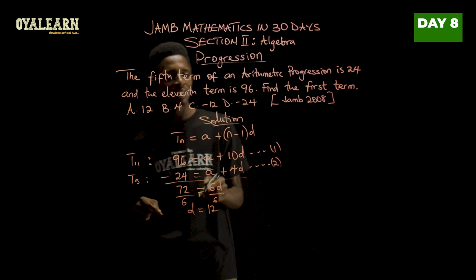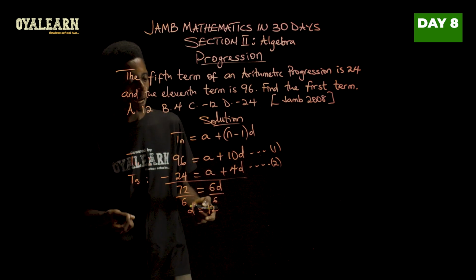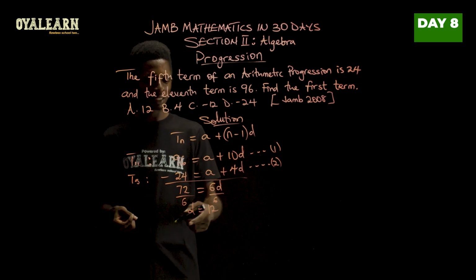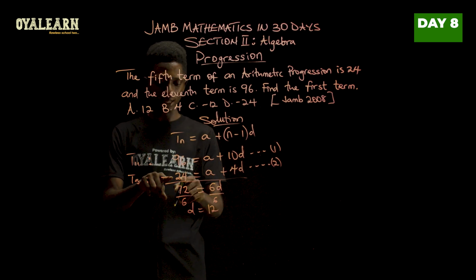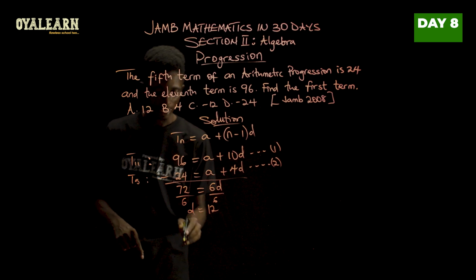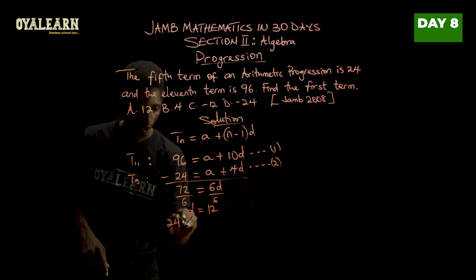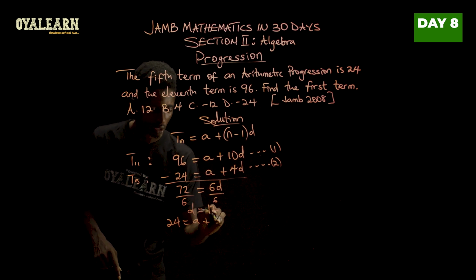Now let's find A. We can substitute D into any of these equations. So let's substitute into equation 2. In equation 2, we have that 24 equals A plus 4D.